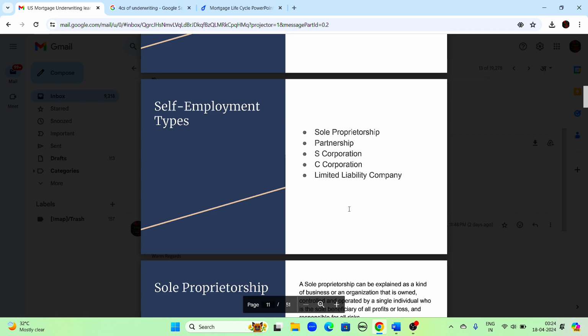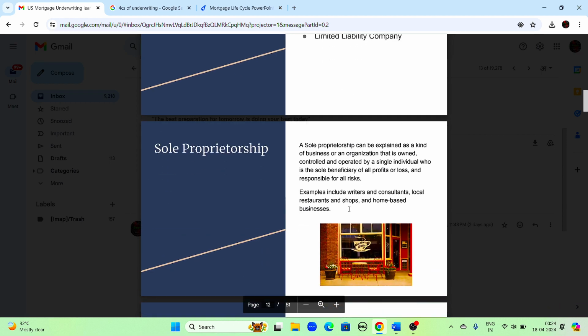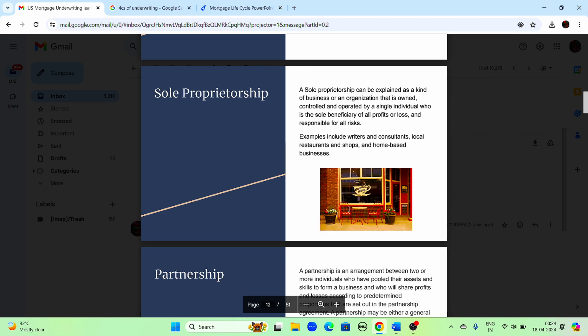Self-employment types: sole proprietorship, partnership, limited liability company. Sole proprietorship can be explained as a kind of business or company that is owned, controlled, and operated by a single individual who is the sole beneficiary of all profits or loss and responsible for all the risk.